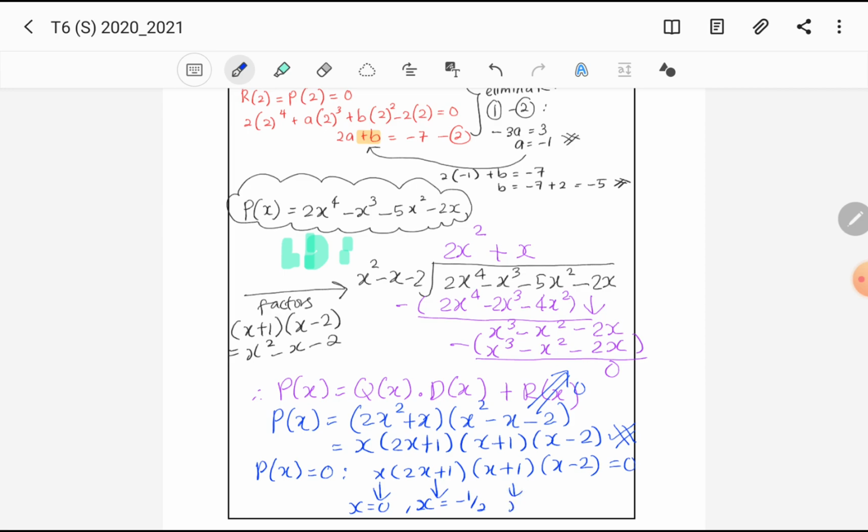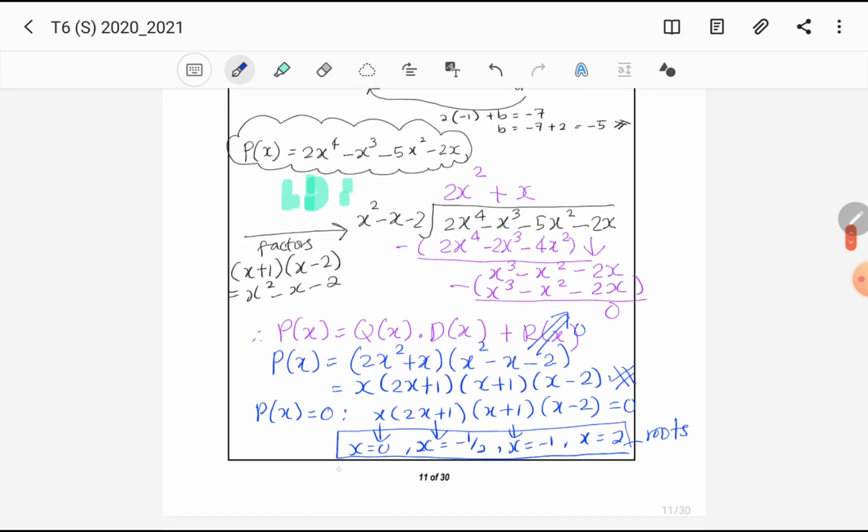Okay, next, x equals to negative 1. And next, x equals to 2. Okay, so ni, yang x equals to, namanya roots. Okay, and zeros are the number itself. So, zeros are 0, negative half, negative 1, and 2.